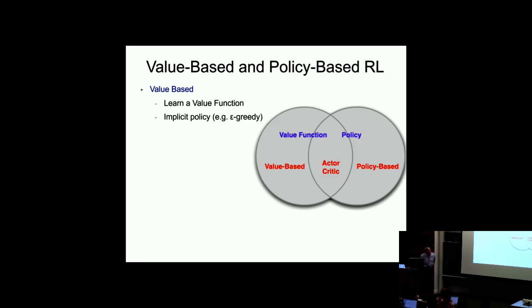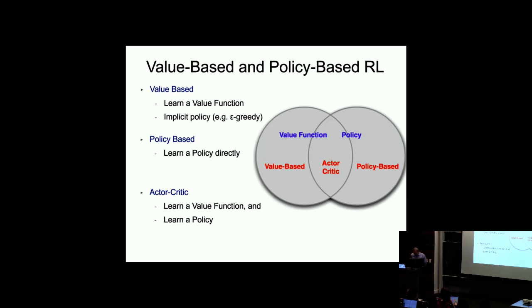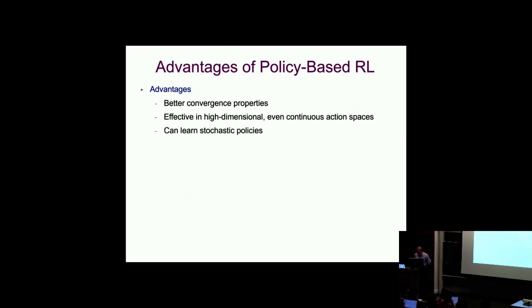And the policy in the case of value functions is implicit. Here we're going to be learning the policy directly, and as I mentioned, actor-critic is a blend of those two.